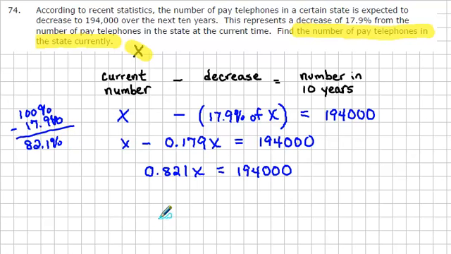So an alternative way to approach the problem is to say that if the number of telephones decreases by 17.9%, then there will be 82.1% left. So 82.1% of x must be 194,000.